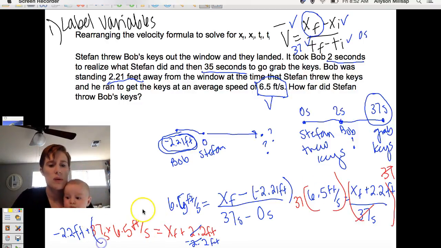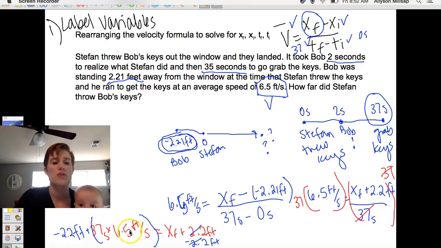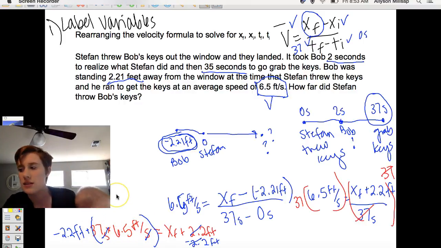I'm first going to do my multiplication over here, and notice when I take 37 seconds times 6.5 feet per second, my seconds cancel out. This is a second on the top, this second is on the bottom of the fraction. They cancel out. So my answer here is feet, okay? And let me get my calculator out.